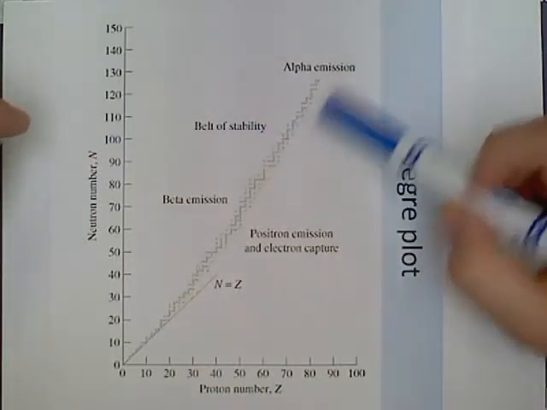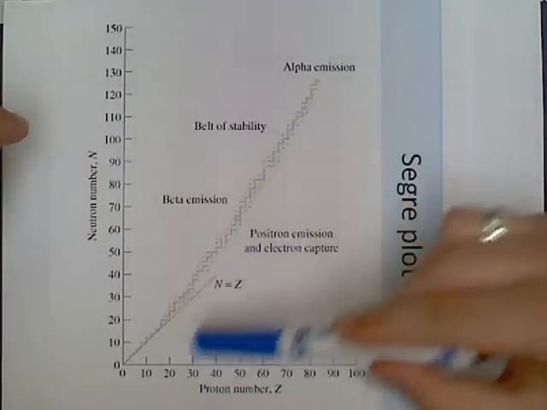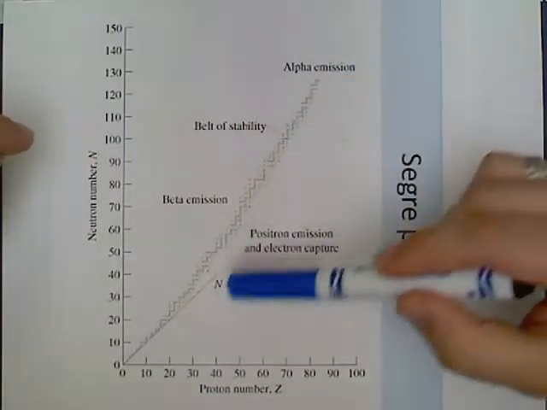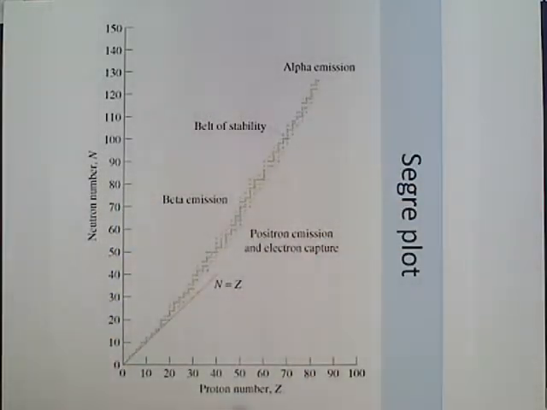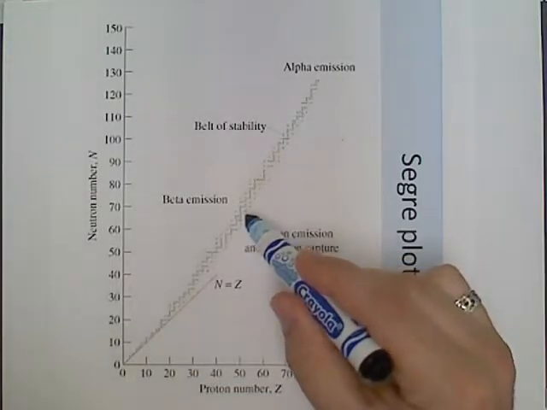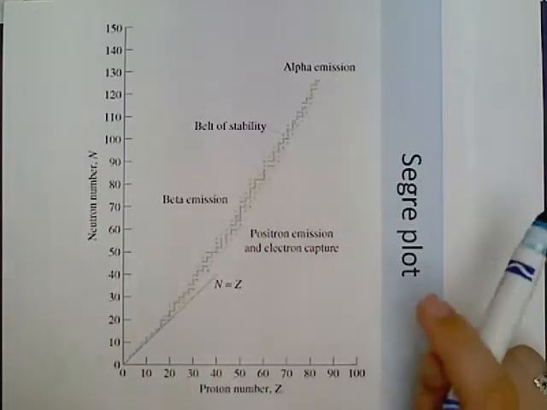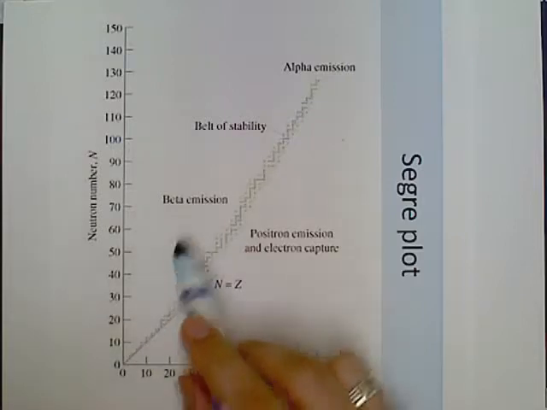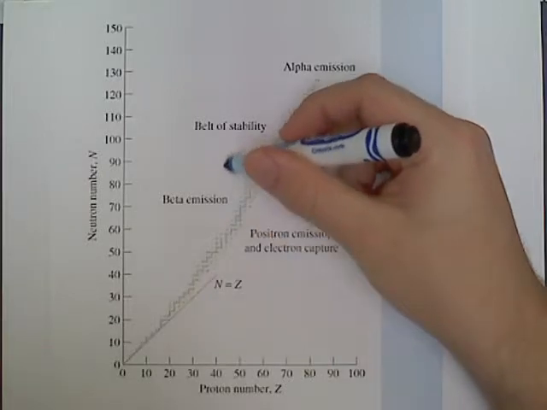and effectively what this is telling you is that there are a number of atoms that reside on this belt of stability, and you can have a certain number of protons and a certain number of neutrons. What tends to happen is that when there is an imbalance of neutrons to protons, when something falls out of this belt of stability, it becomes neutron rich or neutron deficient, and the neutron rich side is up.